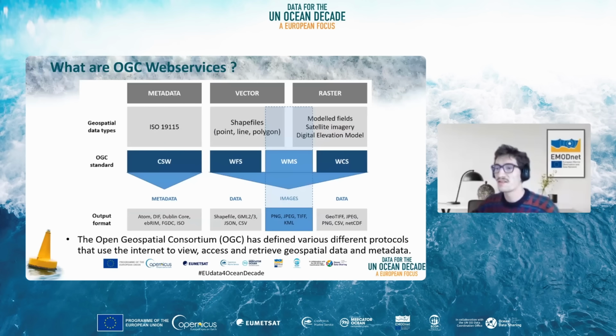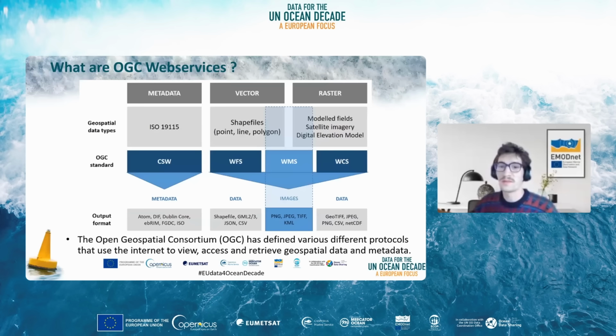These web services are various different protocols defined by the Open Geospatial Consortium, which allow you to view, access, and retrieve geospatial data and metadata. They are fourfold, and the one you will use depends on the type of data you will be looking to access.